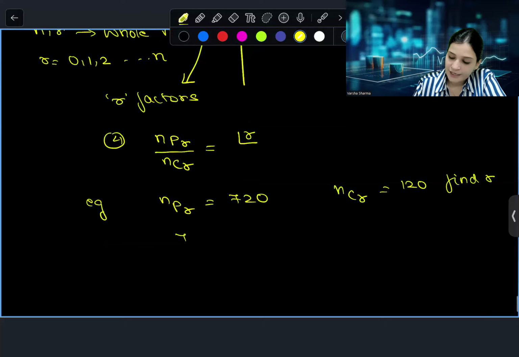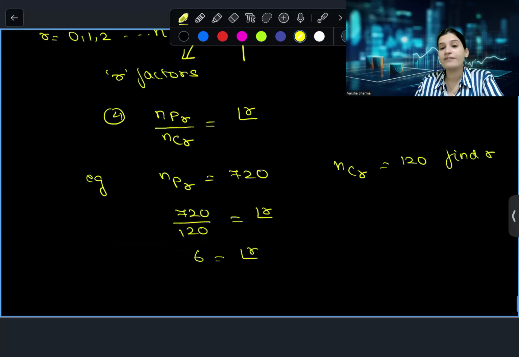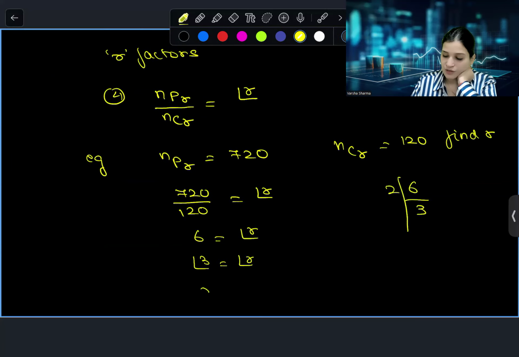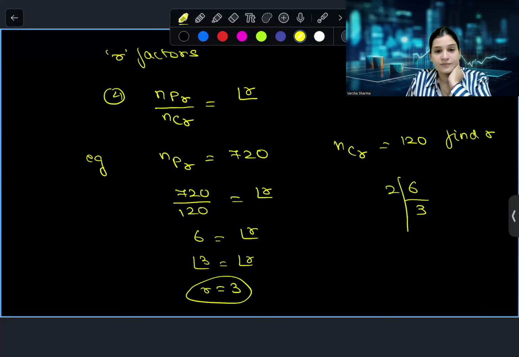You divide them. nPr divided by nCr is factorial r. This is 6. So can you say 6 is the factorial of which number? 3. This is 3 factorial. If you're not sure, divide 6 by 2, then by 3. So r would be 3. Clear?